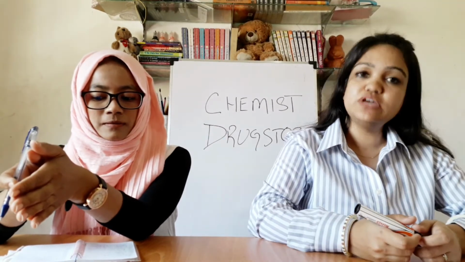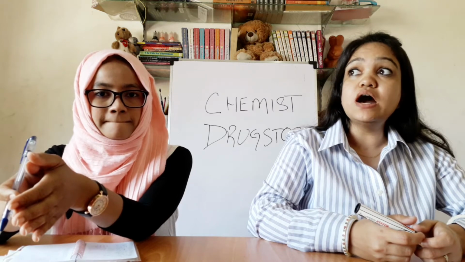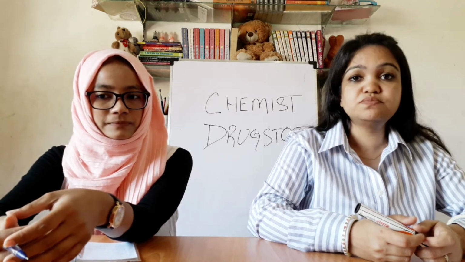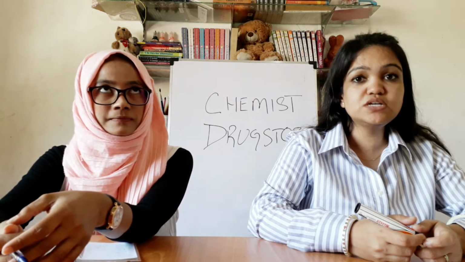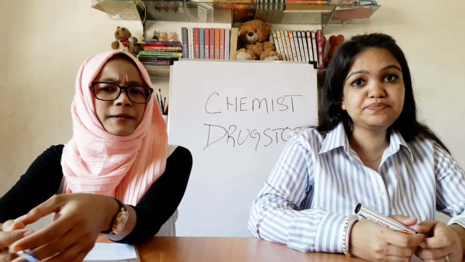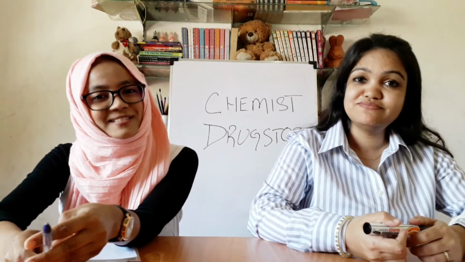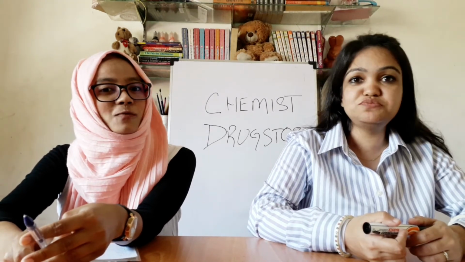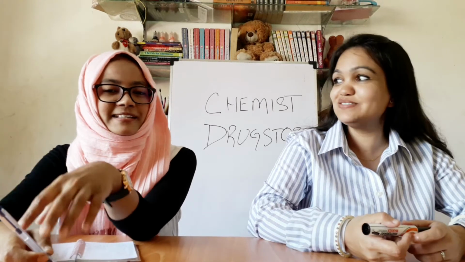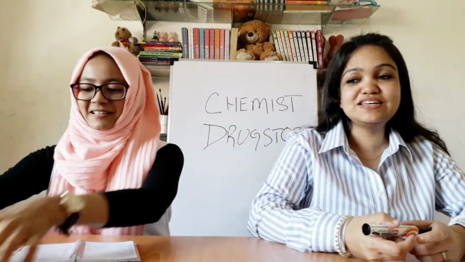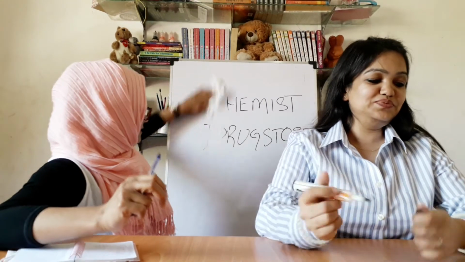I can say, I am going to the chemist to buy my medicines. Can you please drop by the drugstore to get me some vitamin tablets? Vitamins in British, vitamins in American, as in the earlier video. Correct. So, next word.